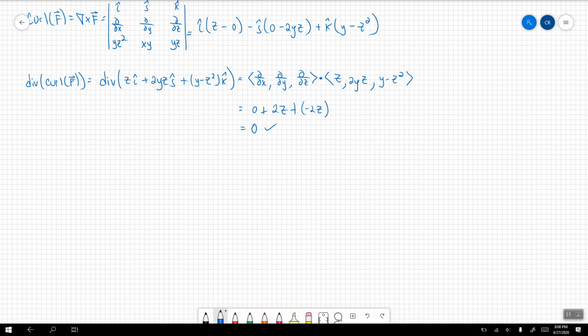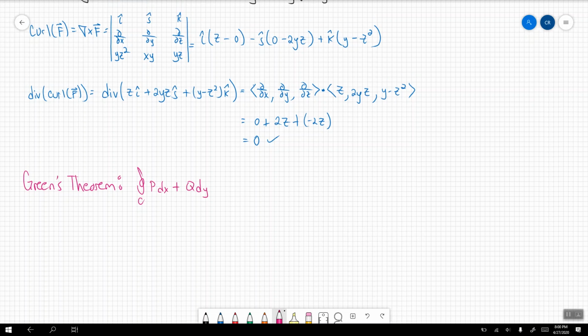Okay, so now what I want to do is look at Green's theorem real quick. Now I'm going to give you a small version of Green's theorem. So Green's theorem. We're going to be looking at the integral over a curve, and this is going to be for p dx plus q dy.